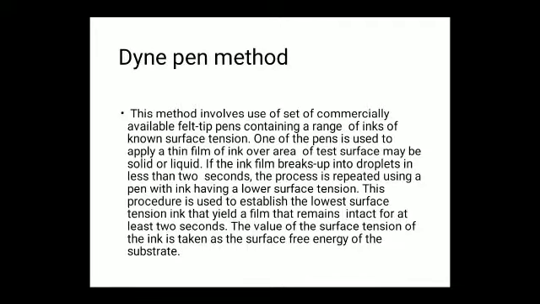Surface free energy can be measured using three types of methods. First, the dyne pen method. This is a quick process and results are given fast. In this method, we use a set of commercially available felt tip pens containing inks of a range of surface tensions. One pen is used to apply a thin film of ink over the test surface, which may be a solid or liquid.